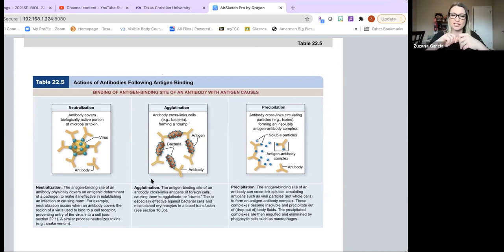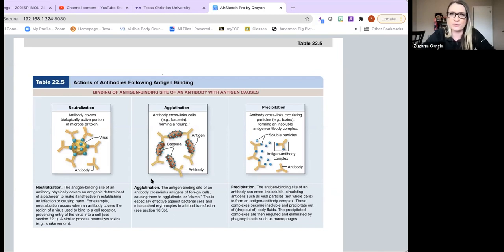Neutralization is where the antibodies bind to the antigen, to all those epitopes, those binding sites, and physically cover it, in this case the virus in this image. The virus cannot cause harm because it's covered in this layer of antibodies. So that's called neutralization.